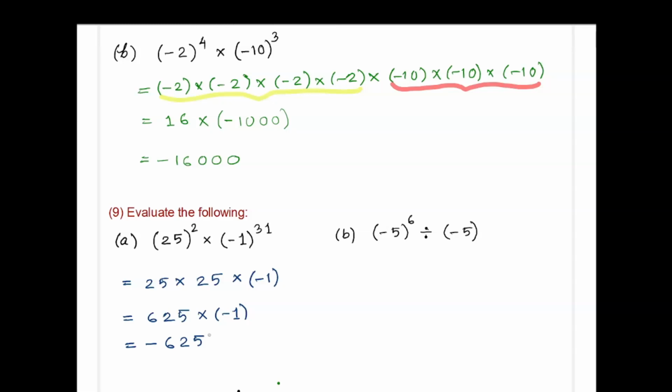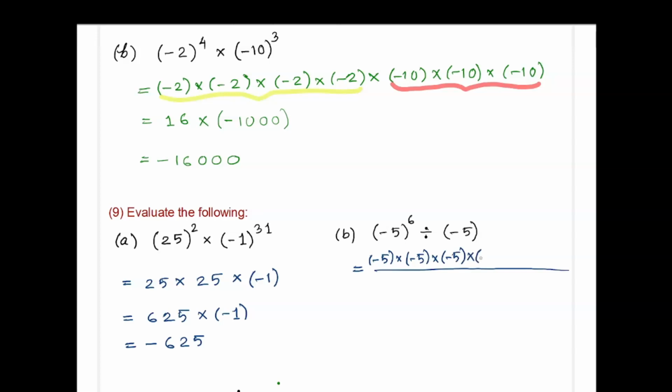Next here, what is given? Minus 5 to the power 6. That means minus 5 is multiplied how many times? 6. Minus 5 into minus 5 into minus 5.